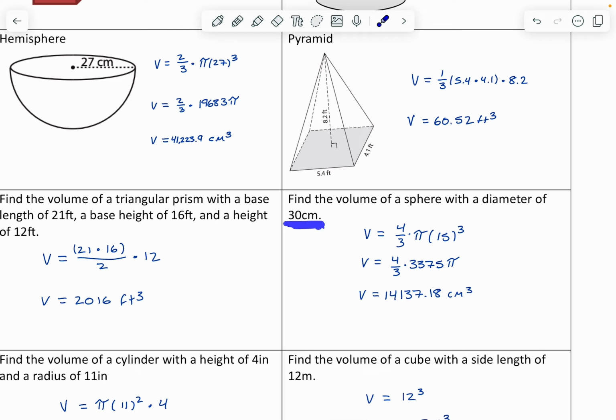Diameter is 30. That means that the radius is 15. Use the radius. Do not try to use diameter for radius. It's not going to work. If I was drawing this sphere, that diameter is 30, that whole thing is 30, and half of it is 15.